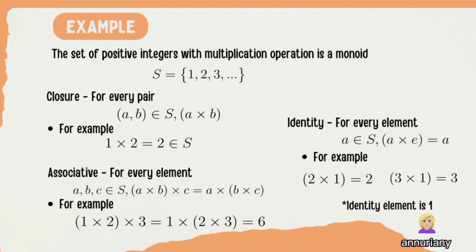Identity: for every element A in S, A times E equals A, where E equals the identity element, which is 1. For the examples, 2 times 1 equals 2, and 3 times 1 equals 3.